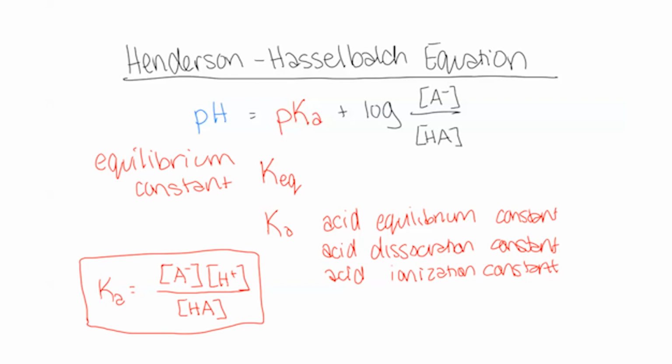So what we have to do to get from Ka to pKa is this: the P basically just tells you that we're talking about the negative log, or the inverse log, and we're talking about log 10.